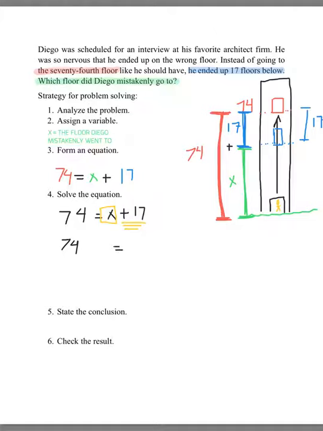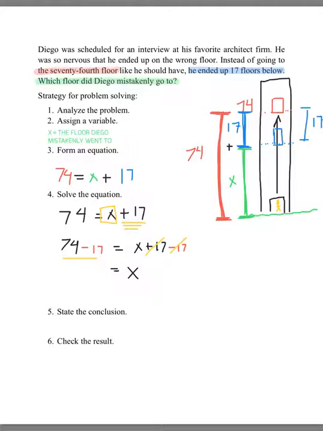What's nice about this is the positive 17 and the negative 17 simplify out, leaving us with only x on the right-hand side. On the left-hand side we have to simplify 74 minus 17.